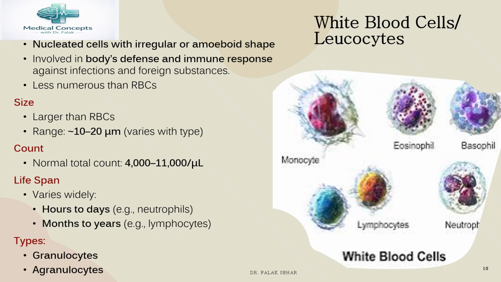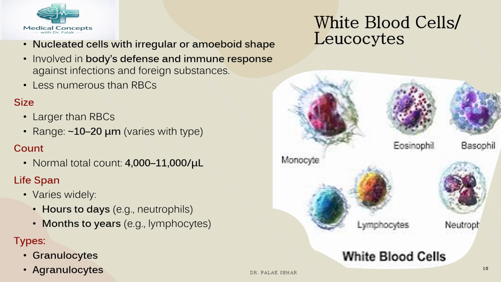So again for white blood cells you have to remember their total count, 4,000 to 11,000. This is very important and even the lifespan is important. And what are the different types of granulocytes and agranulocytes?